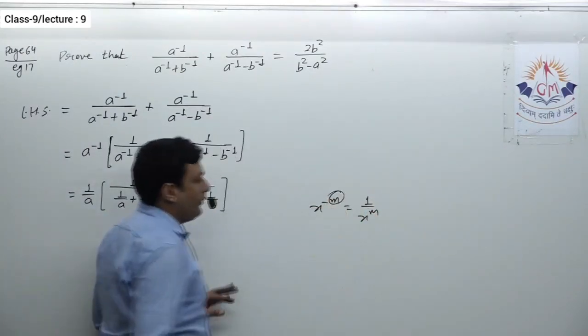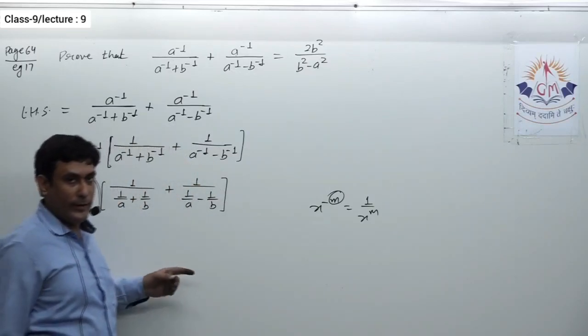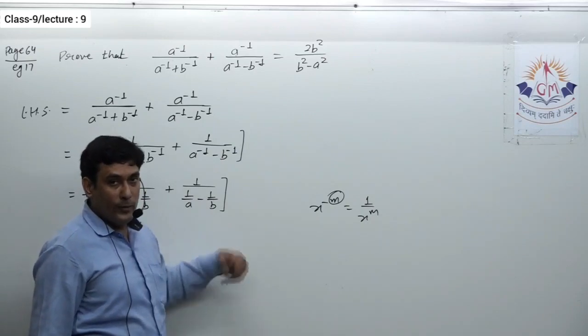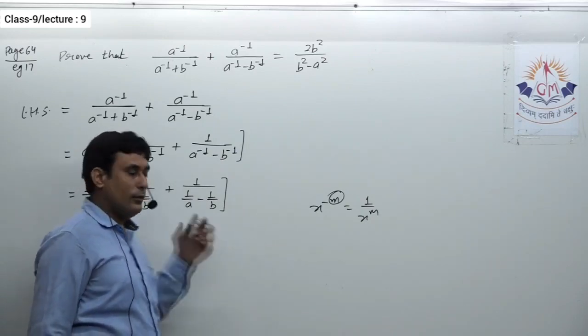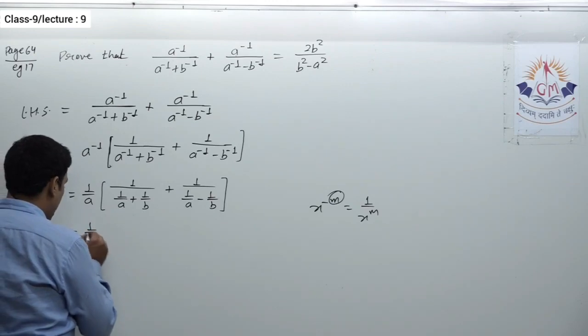That means whatever power is negative, if I want to make it positive, I have to take it from numerator to denominator or from denominator to numerator. So this is 1 upon a.